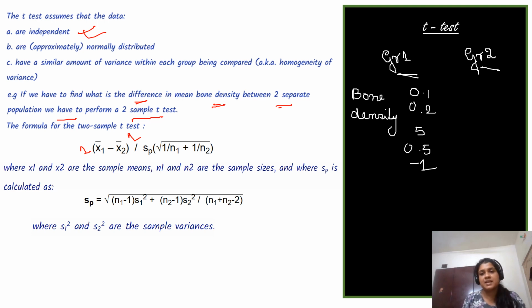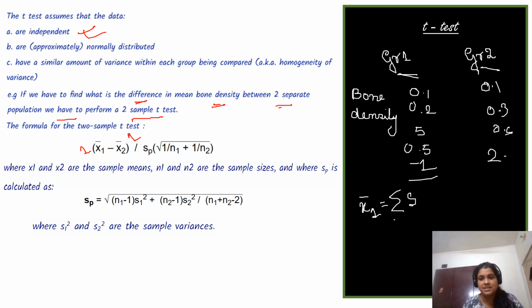Something like this is the data for our t-test. So what is x bar 1 and x bar 2? It is the mean value of group 1, and this is equal to the sum of all the samples divided by 5. So this is the mean of group 1, this is the mean of group 2.